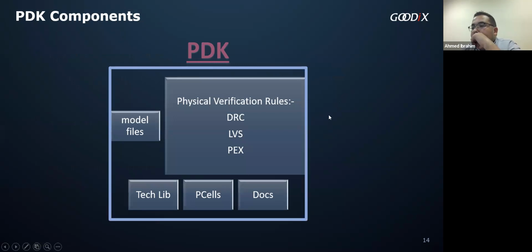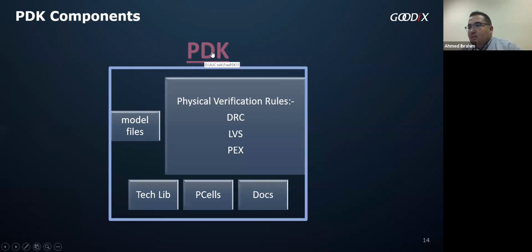So these are the main, as I see, the main components of a traditional BDK, without the need of extra checks that are necessary for the sub 20 nanometer nodes, for example.